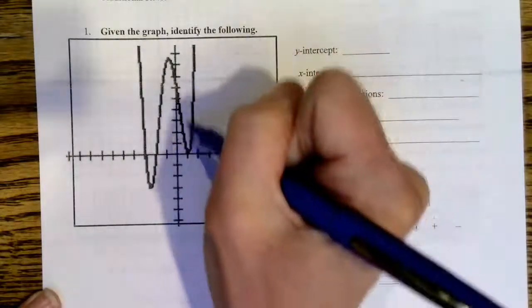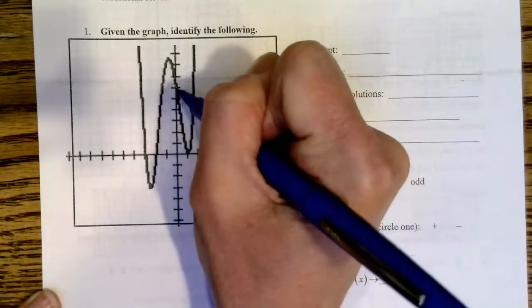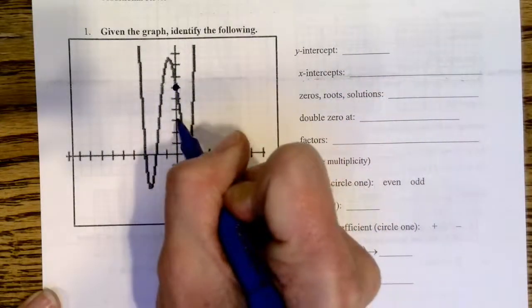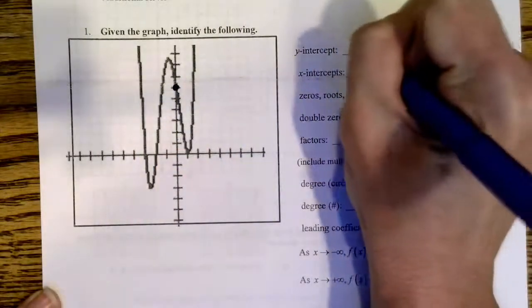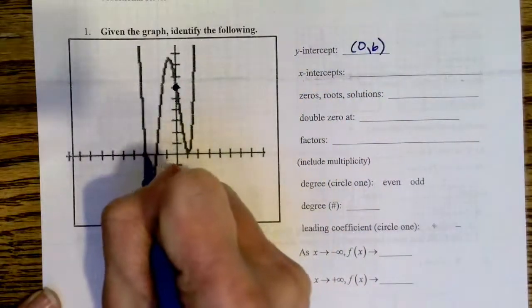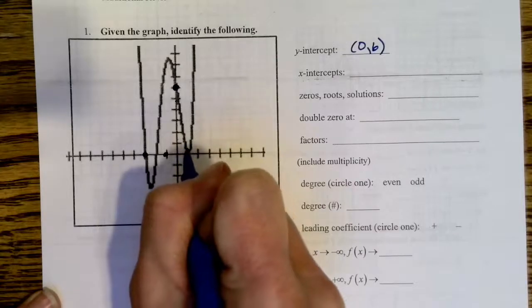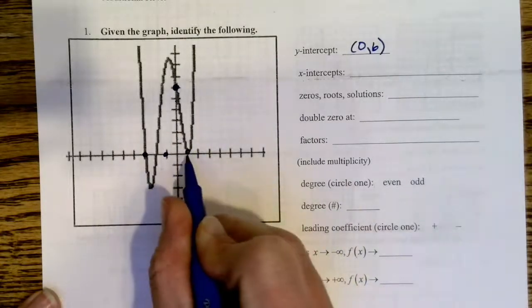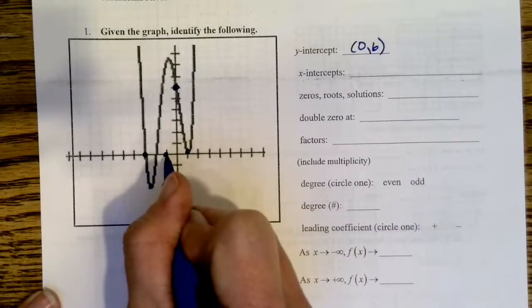My y-intercept looks like it happens right here. So 1, 2, 3, 4, 5, 6. We're going to say over 0, up 6. My x-intercepts look like they're 1, 2, 3. And this is a double root. So -1.